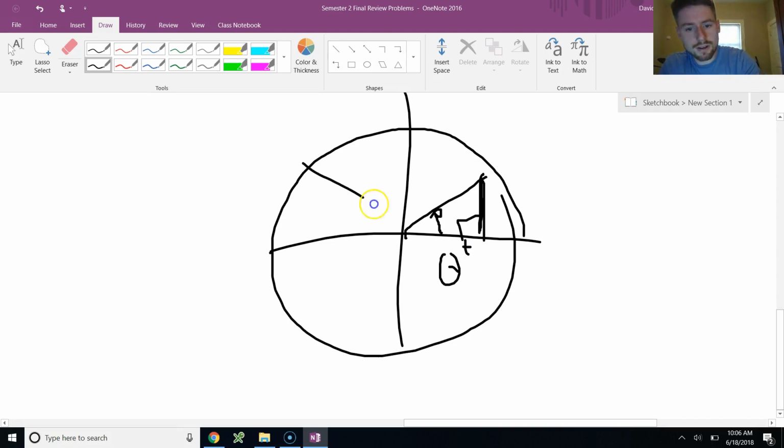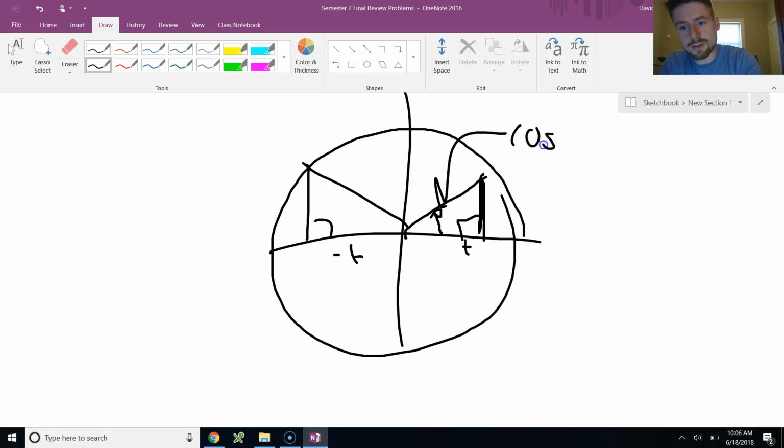And then we have another, this is negative t. So let's actually erase this. So this angle here is cosine inverse of t, and then the bigger angle is cosine inverse of negative t.